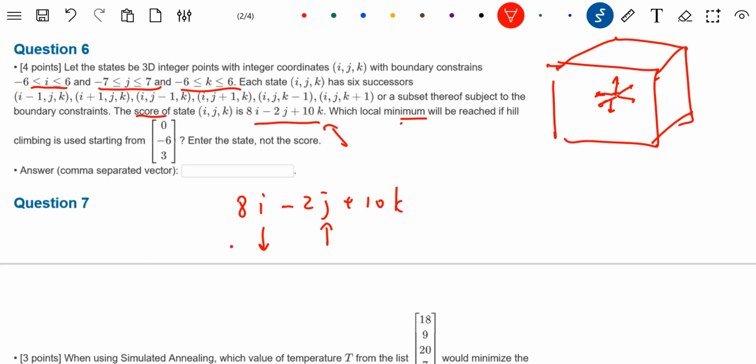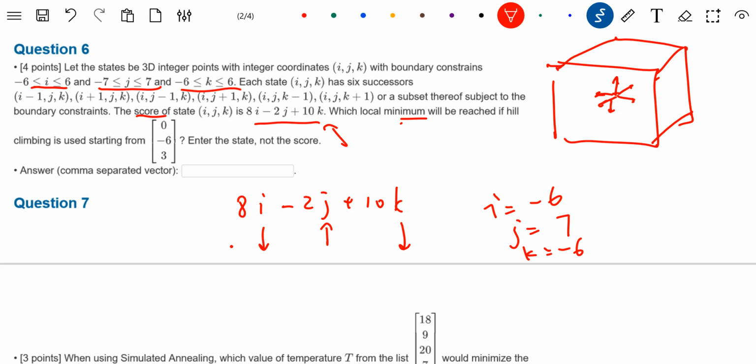And k, the same thing: the smaller the k, the smaller the score. So knowing these, we have the upper bound and lower bound, and there's only one global minimum, so we are basically done. It means i is as small as possible, and j is as large as possible, which is 7, and k is as small as possible as well.